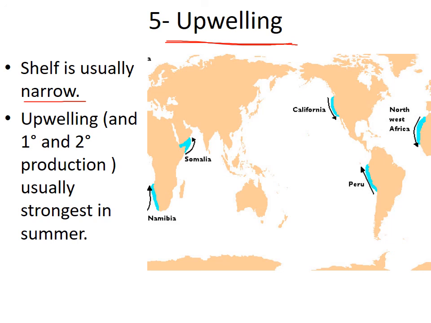And the upwelling is usually strongest in the summertime because that's when these systems have their strong winds that move the surface waters offshore and bring the deep cold water up from the bottom to stimulate the primary productivity. California, Oregon to California, is the classic upwelling ecosystem of the United States.